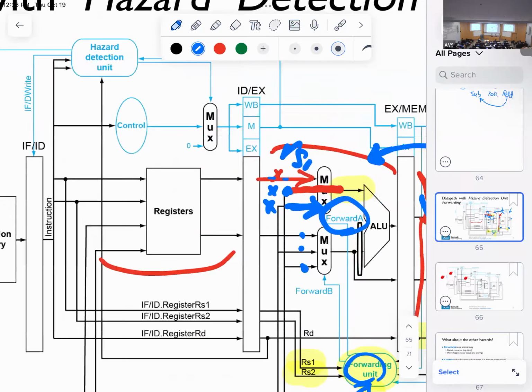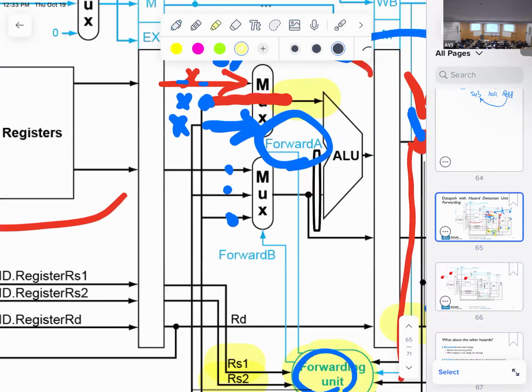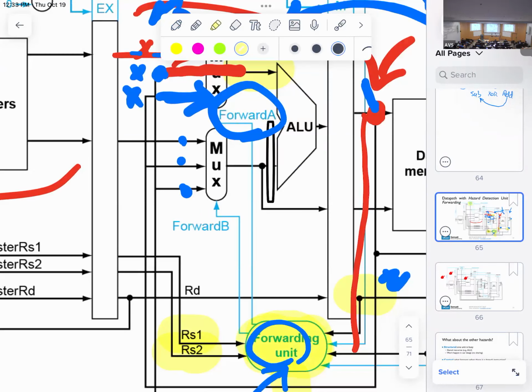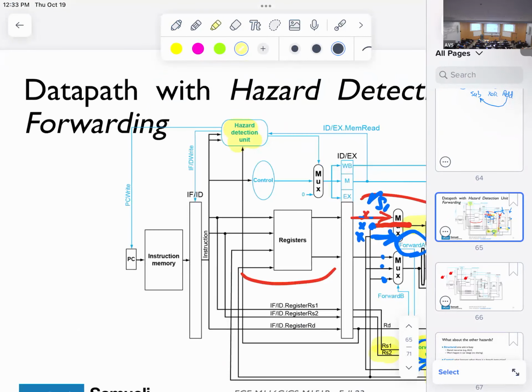As you can see, I'm going to have a hazard detection unit up here, and a forwarding unit down here. What's the difference between them? The hazard detection unit is the one that decides that the processor needs to be stalled. Why do we need to stall the processor? Because of the load use data hazard, right? So we need to stall the processor for 1 cycle. And the forwarding unit helps you with doing the forwarding, okay?